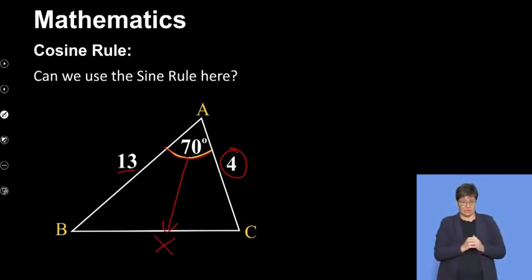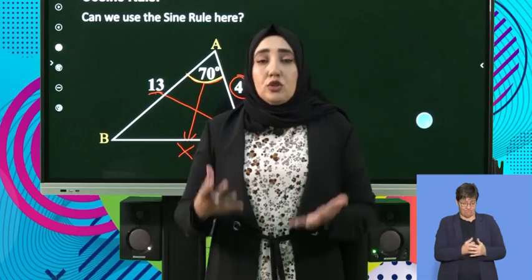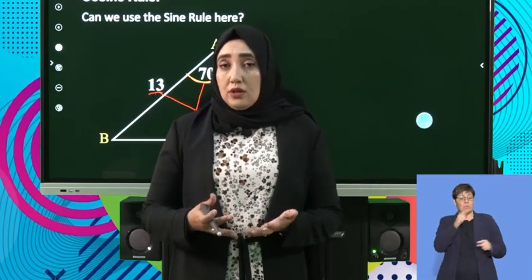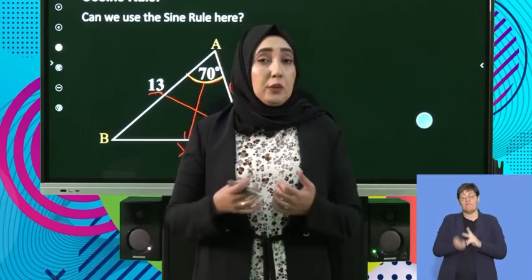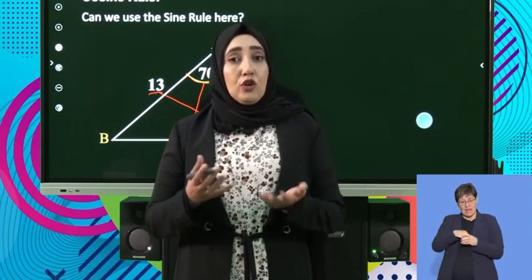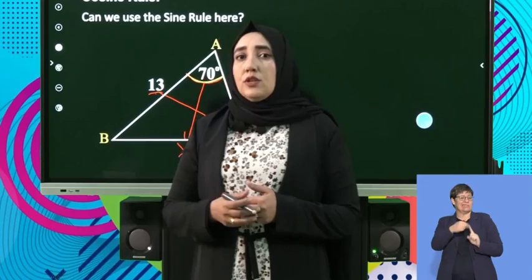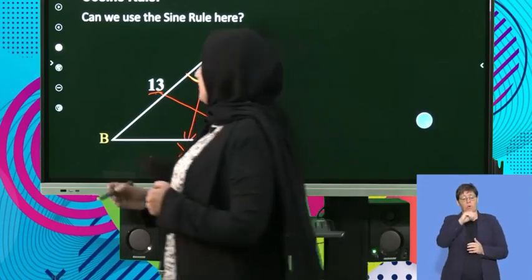We have these sides, but we do not have the matching angles. So, in this case, we cannot use the sine rule. Because we can't use the sine rule, we need to have another rule in our toolbox to solve non-right angle triangles. So, let's look at what the cos rule says.